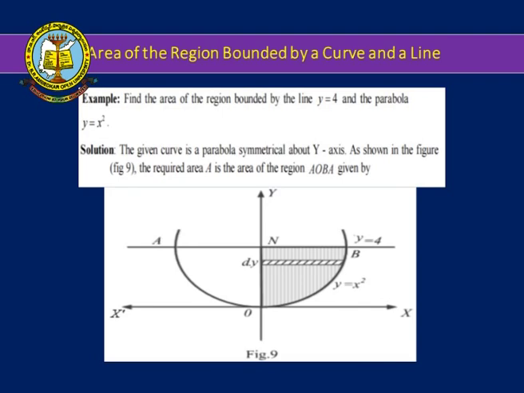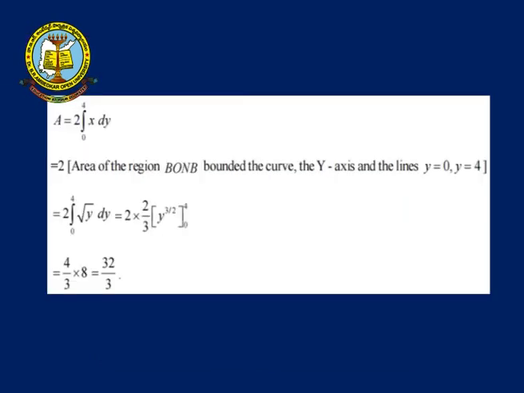Now area A equal to 2 times the integral from 0 to 4. The y axis interval is 0 to 4, so I am taking the dy term. 2 times, because AON and NOB are both the same. So I am calculating one area, NOB, and I want to convert everything into dy terms.